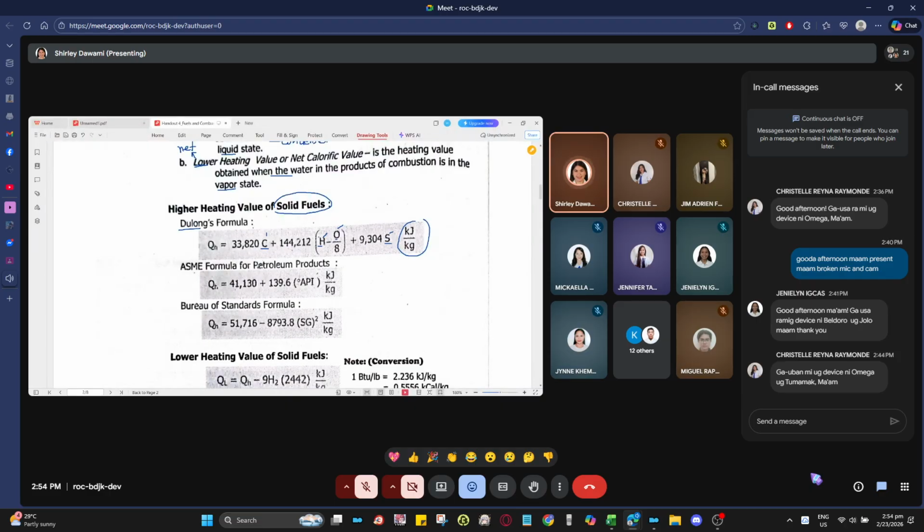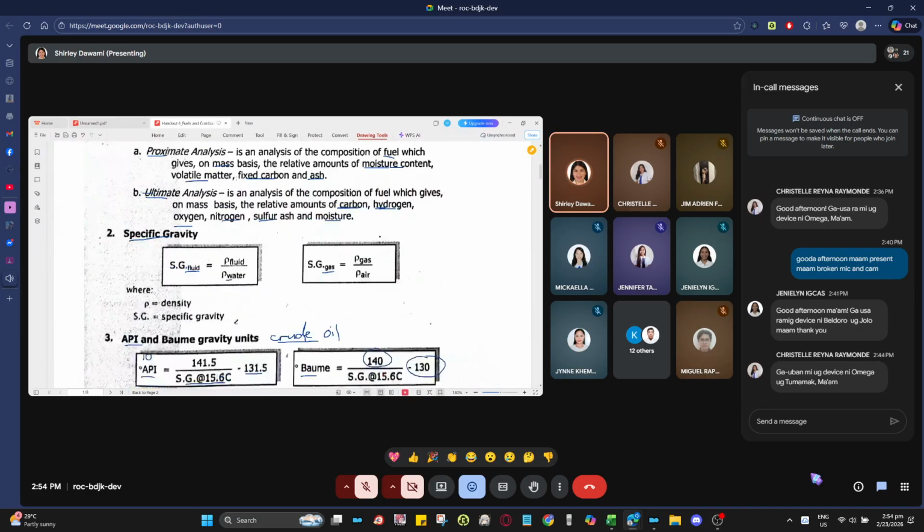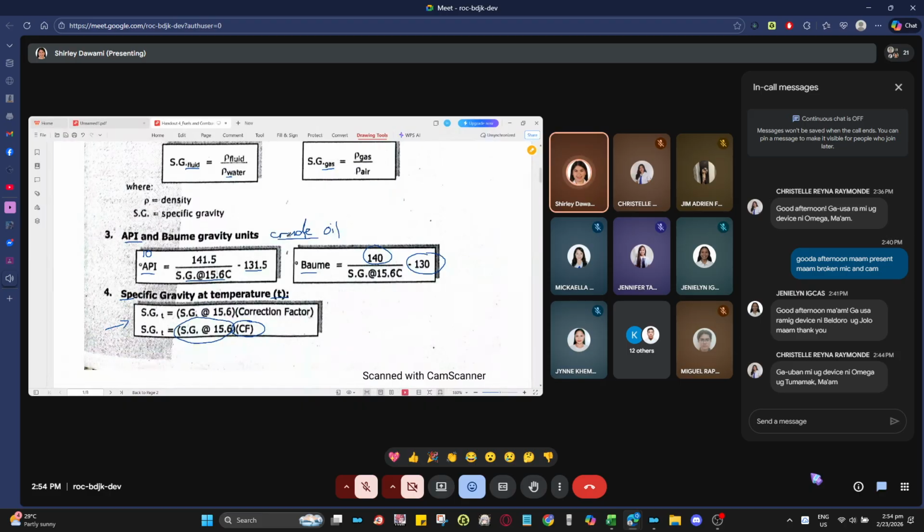For petroleum products, no, we can use this ASME formula. So ni siya 41,130 plus 139.6 times the degrees API, di ba? So ang degrees API kanina again is murag indicator ni siya sa quality sa crude oil. So crude oil is under, excuse me, kanang liquid fuel. Sorry, dili ni gaseous, liquid fuel, no?